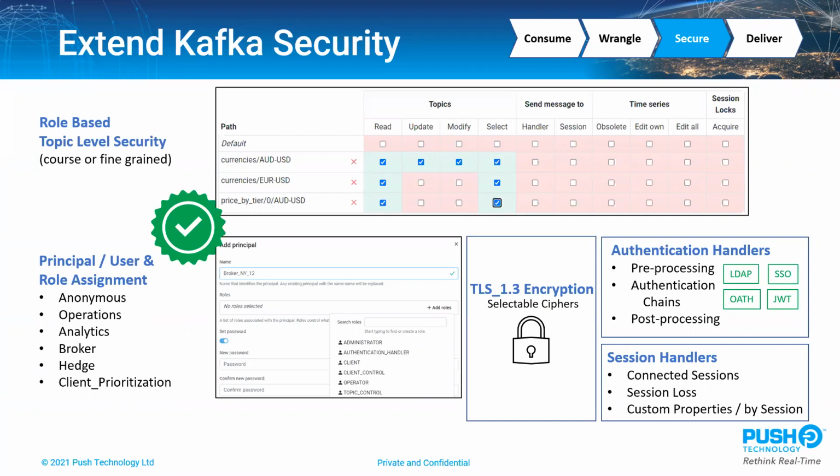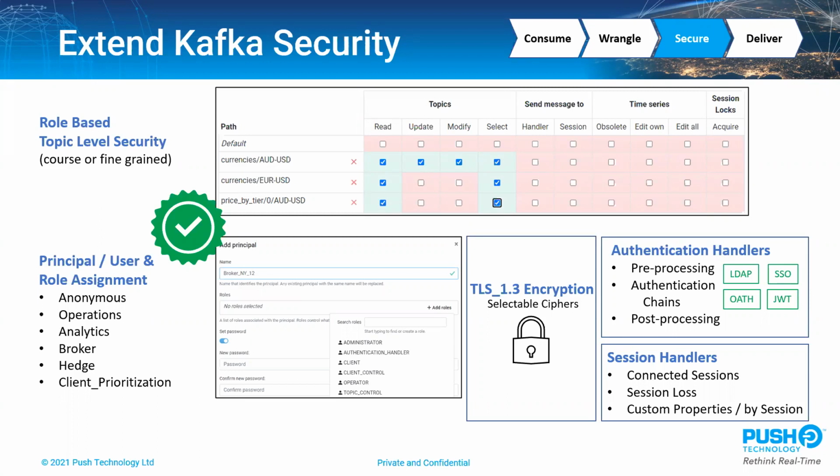Now, all data that flows through Diffusion is TLS 1.3 enabled and encrypted, okay? You have the ability, I think there's about 30 of them or so, selectable ciphers that you can choose as features through TLS, okay? So for those following Kafka, you may have observed that the different levels of support for TLS varied by versions of Kafka and deployments of Kafka, and over periods of time based upon the standards body that manages Kafka itself.